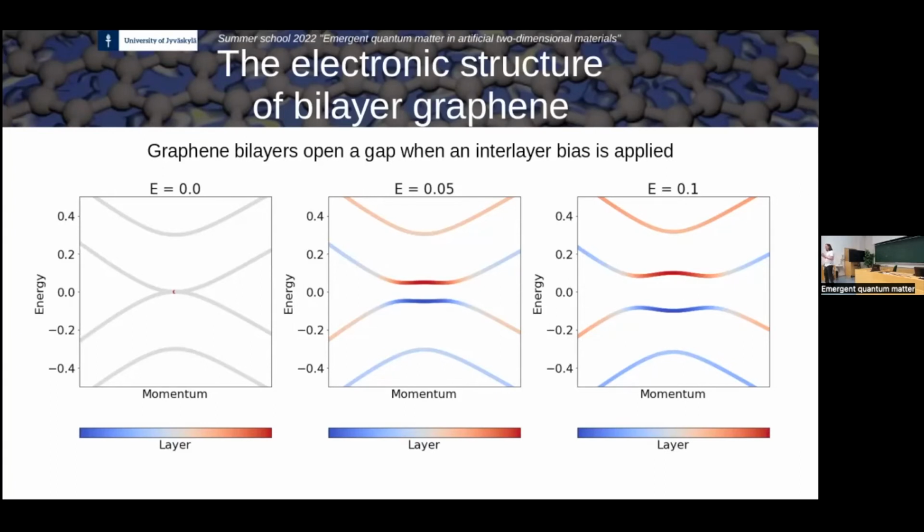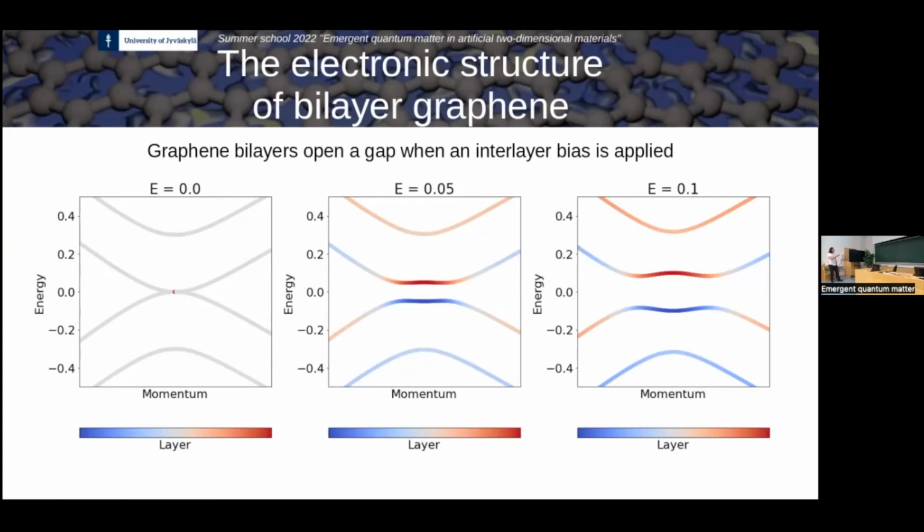And let me emphasize that this gap in bilayer graphene is maybe one of the most flexible ways of engineering quantum dots in van der Waals materials, because you can create quantum dots without any disorder whatsoever. Quantum dots that you can change electrically just with a switch, and quantum dots with a gap that is controllable electrically.